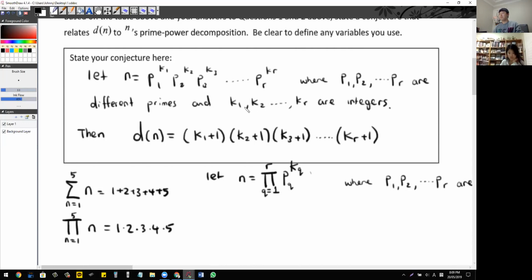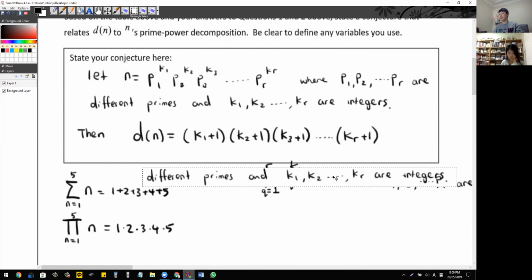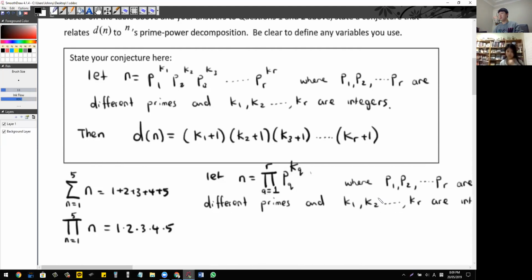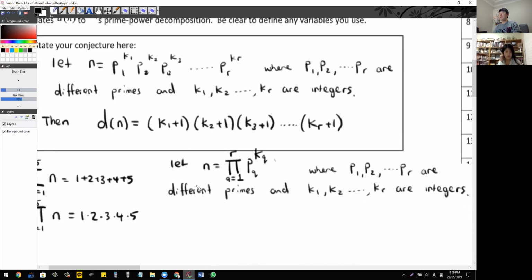Different primes, and K1, yeah, these are integers. So you can do the same here. And then you can say then.